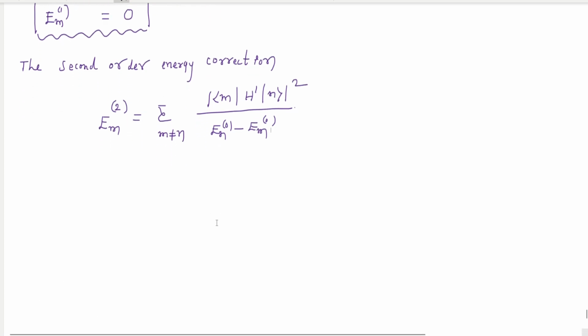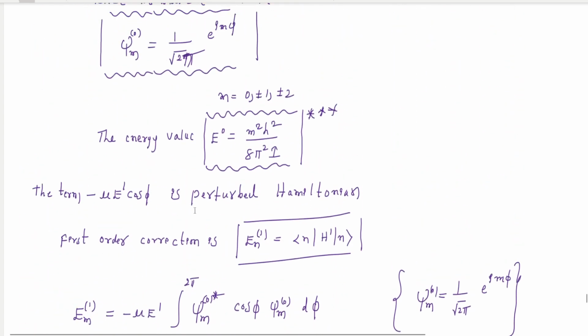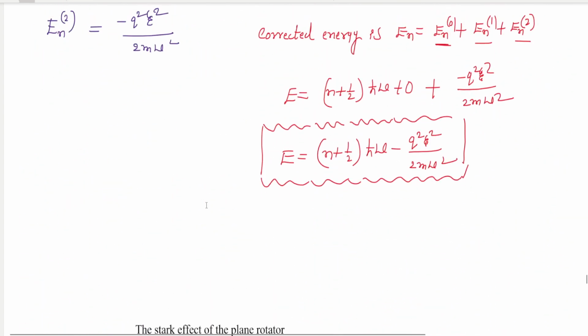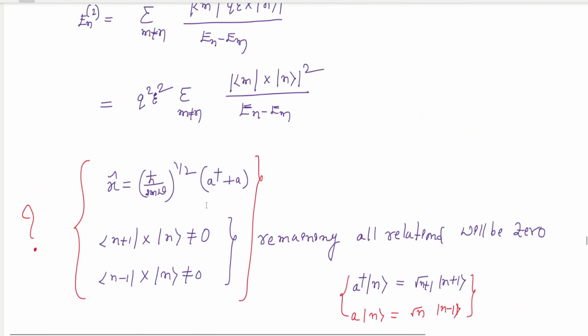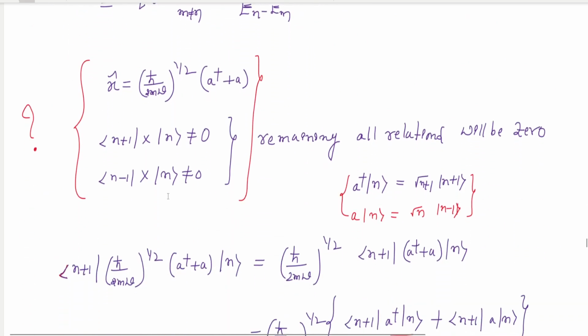We already discussed this type of second order correction term in the last class. If you get this type of equation, we have only two possibilities. Let us see here. These are the two possibilities, right? One is the n plus 1 contribution term, with n not equal to 0, and all remaining relations go to 0. So I'm going to use this type of relation. Except these two relations, all remaining relations are 0.